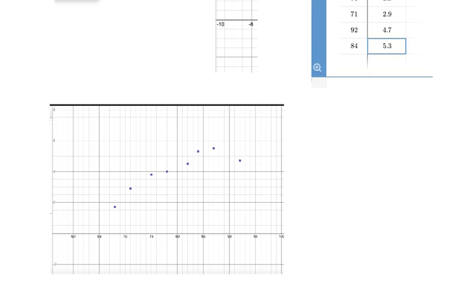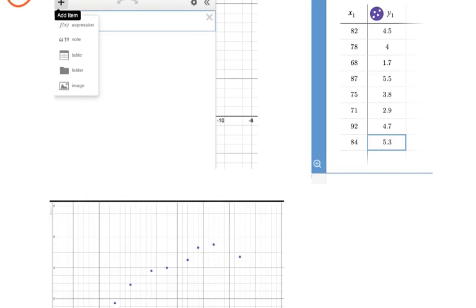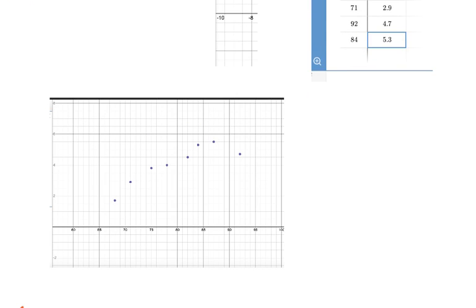So the question was asking, describe the correlation. So we've got the scatter plot. We used the technology at our fingertips to make the scatter plot. What can we say about this correlation? Is it positive? Is it negative? Or is it zero? Well, I think we can see that, as the temperature goes up, our attendance went up. Now maybe this was a really hot day and nobody wants to sit out at a ball game when it's 92 degrees.